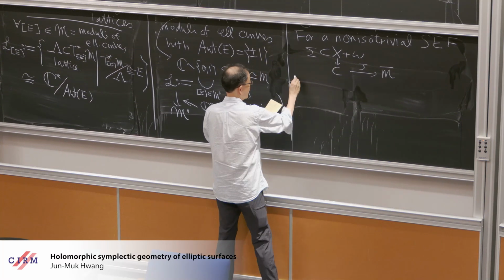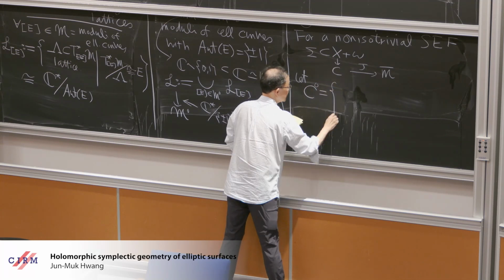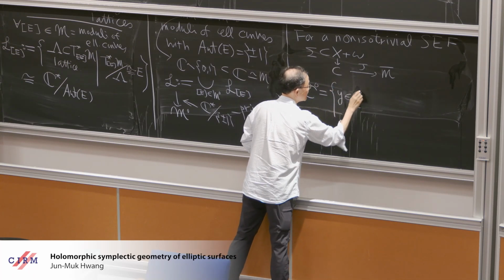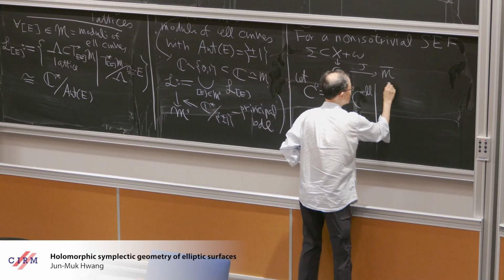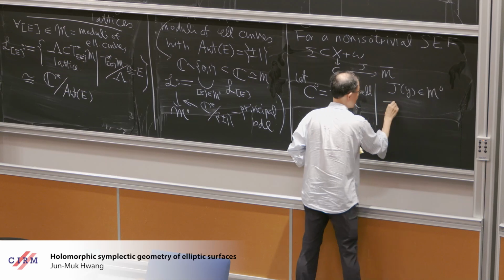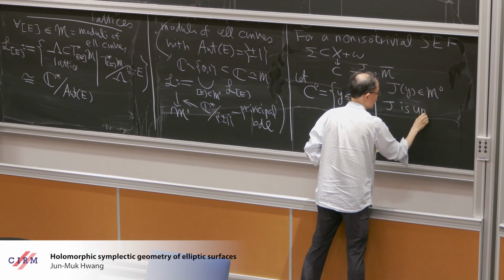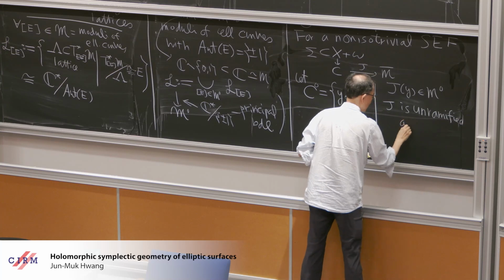Let C0 be the open set of the points of smooth fibers such that J(y) is in M0 and J is unramified at y.